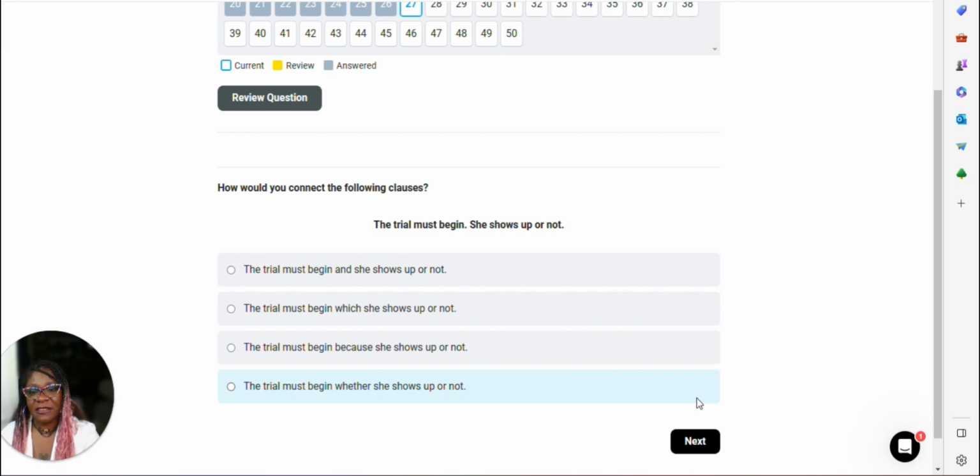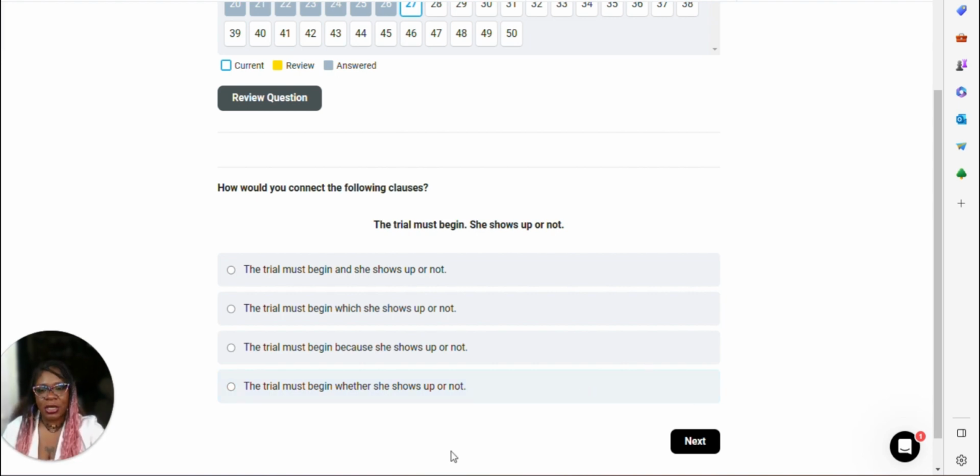How would you connect the following clauses? The trial must begin. She shows up or not. Is it, the trial must begin as she shows up or not? The trial must begin which she shows up or not? The trial must begin because she shows up or not? Or the trial must begin whether she shows up or not?